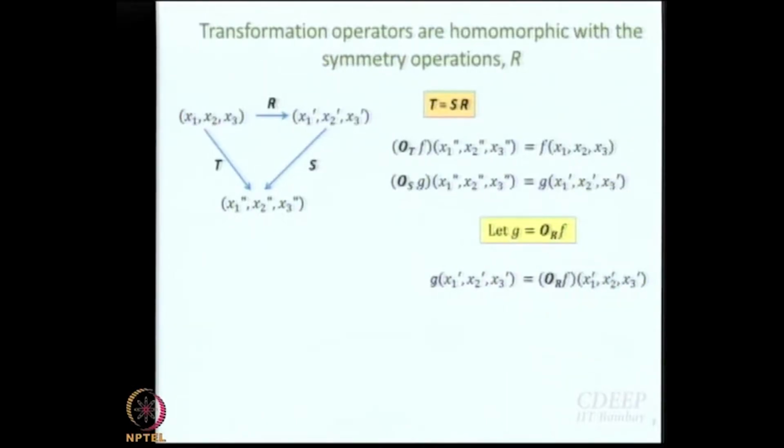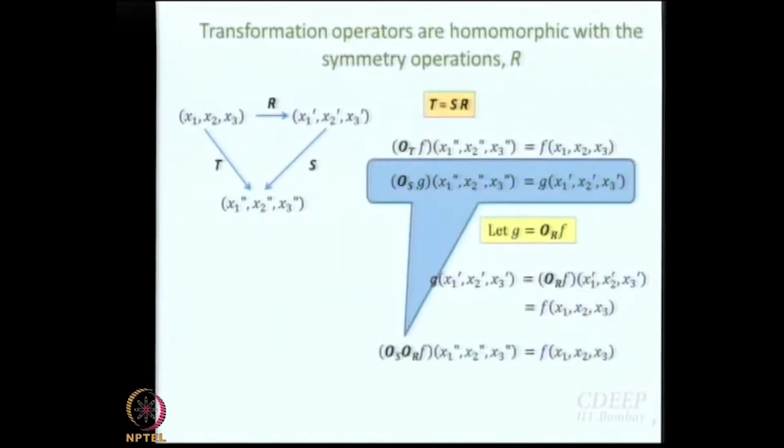G equal to ORF, I have just added the bases x1 dash, x2 dash, x3 dash on both the sides, right? Now, but then ORF in x1 dash, x2 dash, x3 dash is nothing but F in the undashed coordinates, right? It is very simple jugglery, only one concept.